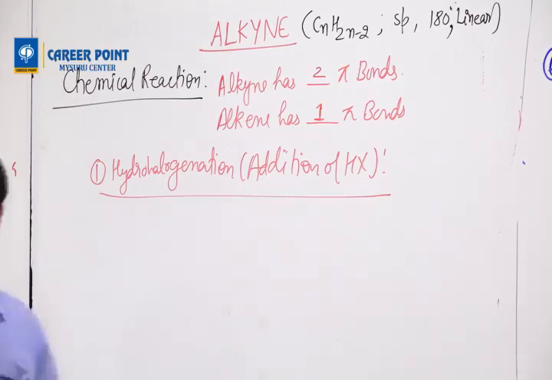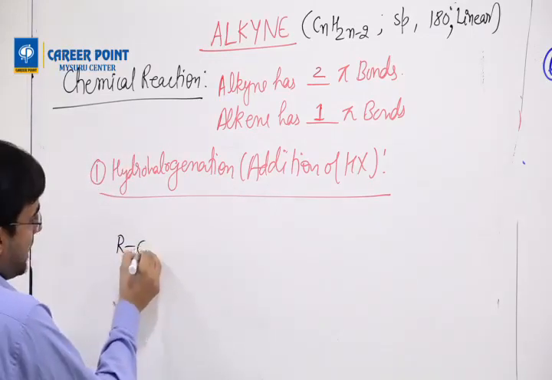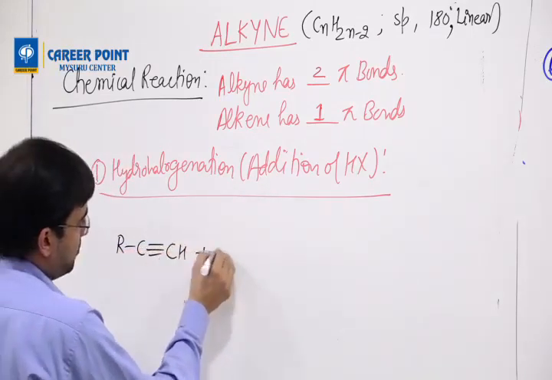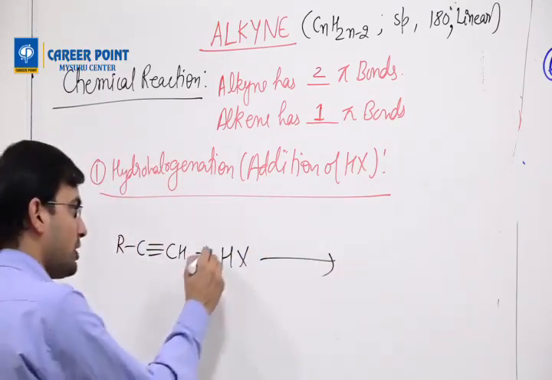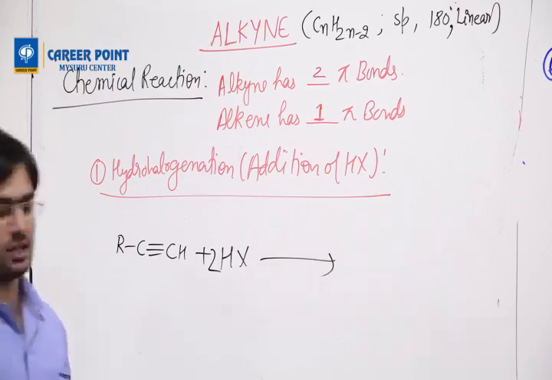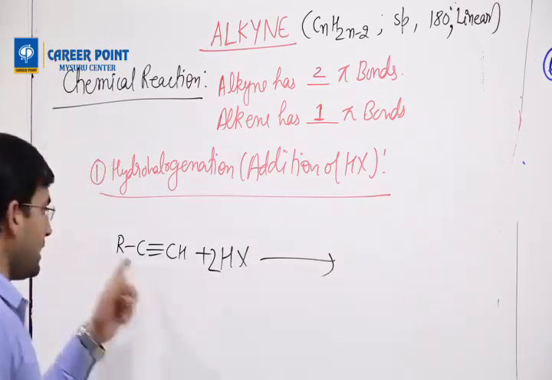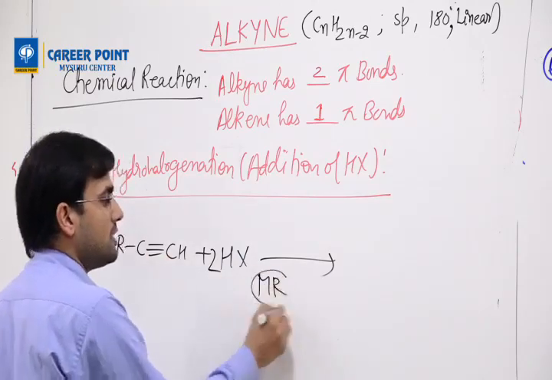So addition of HX. If I take an alkyne RC triple bond CH plus HX, it is an alkyne, so I am going to take 2 moles of it, because I need to do it 2 times. When I take 2 times, I will follow Markovnikov's rule, because there is no peroxide.